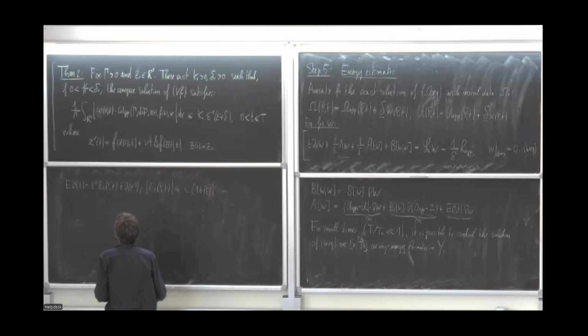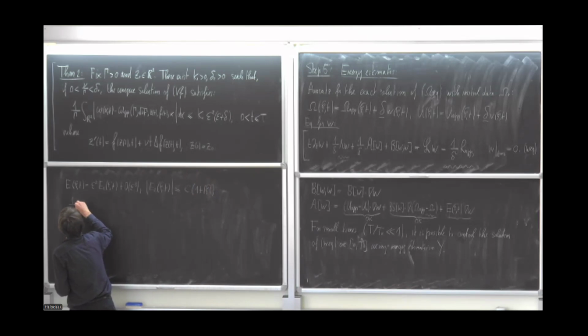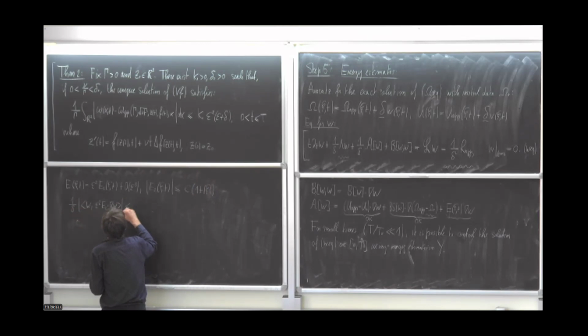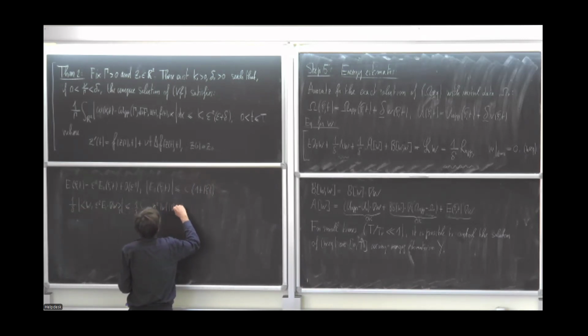So it means that if you bound 1 over delta times W, epsilon squared E2 dot gradient W, this will be bounded by something like 1 over delta integral over R2 of the weight, you will have W, you have the gradient of W, and then you have 1 plus psi.